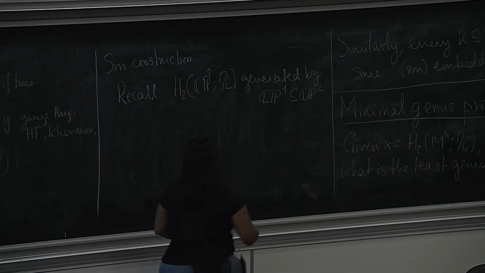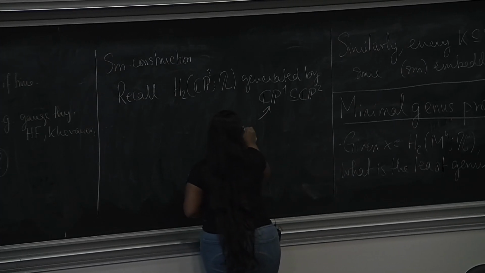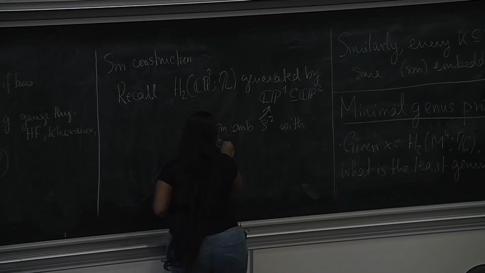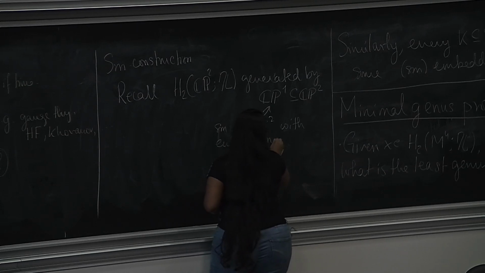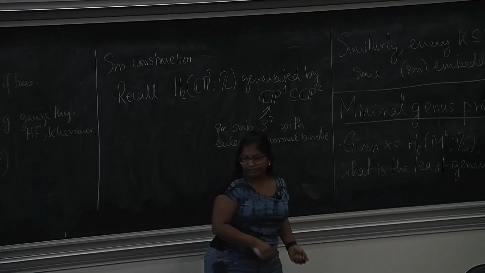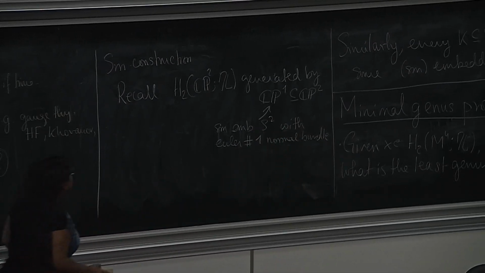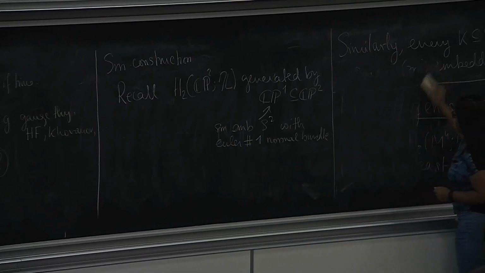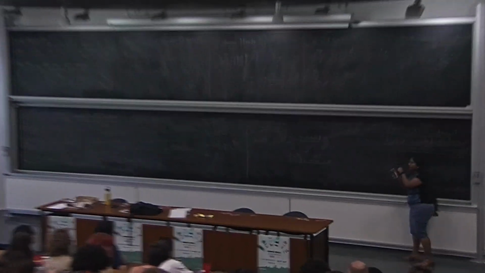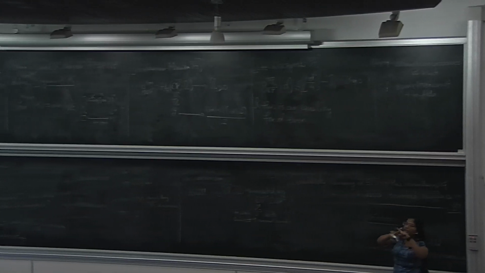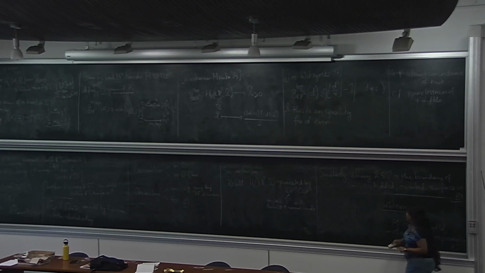Okay, so what does that mean? This means that if I consider that core CP1 and I try to push it off of itself just a little bit, I'm not going to be able to make that push-off disjoint from my original CP1. I'm going to get one transverse intersection. Okay.